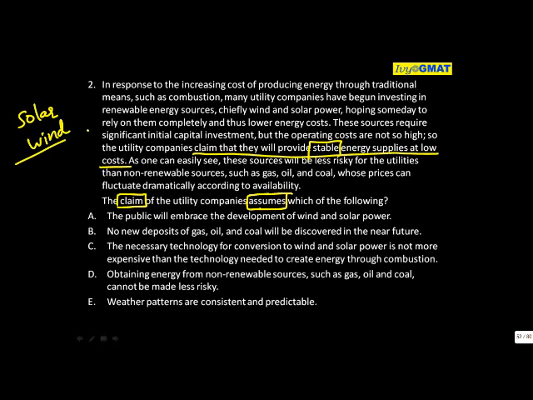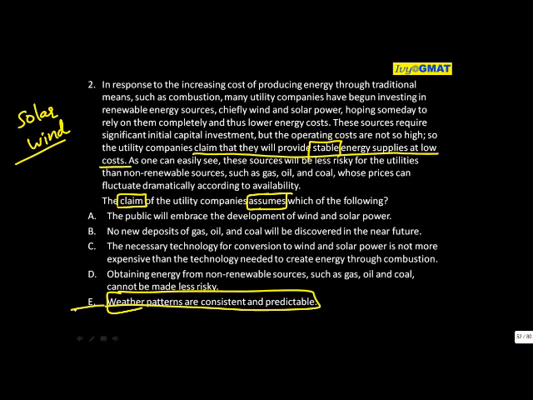Suppose I am an electricity provider and I am relying totally on solar and wind. And I have promised my customers that you will get totally uninterrupted electricity. What should I rely upon now? Suppose tomorrow there is no sunlight and no wind. So I will have no electricity to generate. If I have promised you a stable supply, the most important condition is that the weather patterns are consistent and predictable.